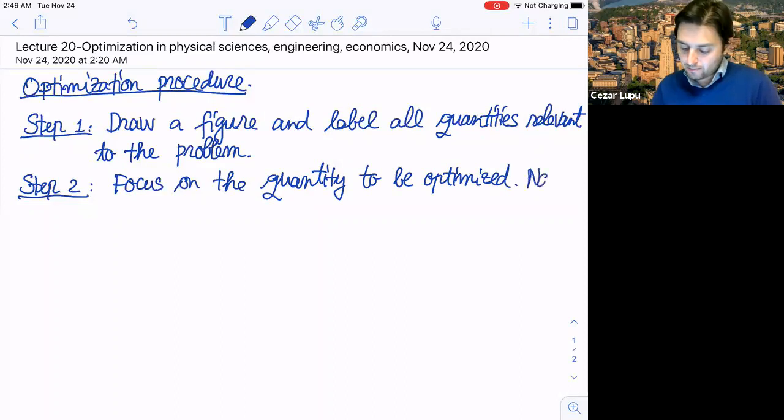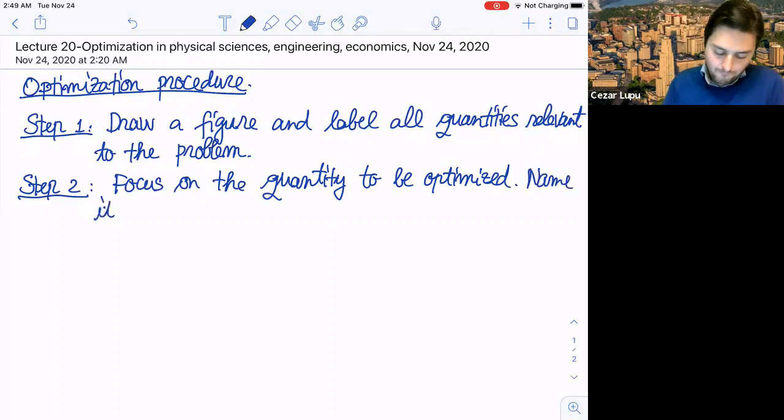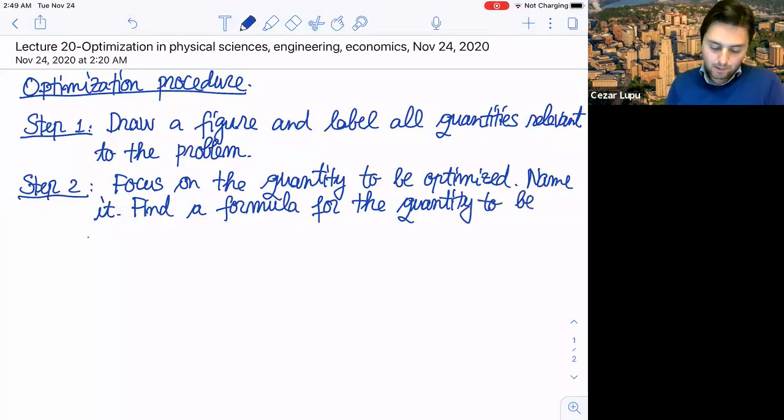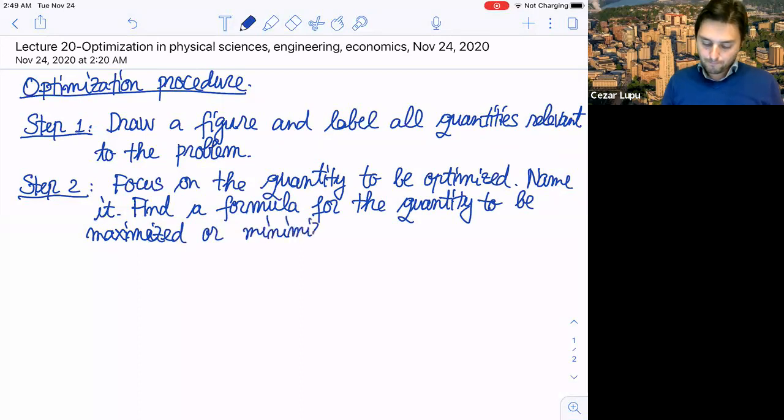Well, we would like to name it, and we would like to find a formula for the quantity to be maximized or minimized. Okay, all right, so that's step 2.